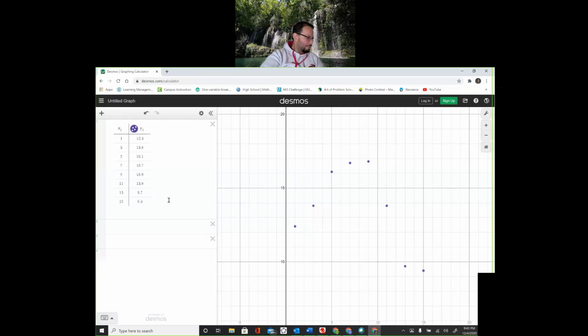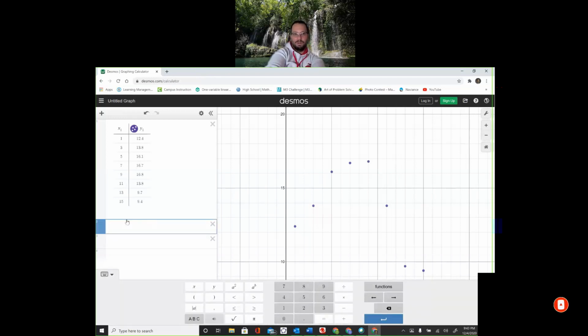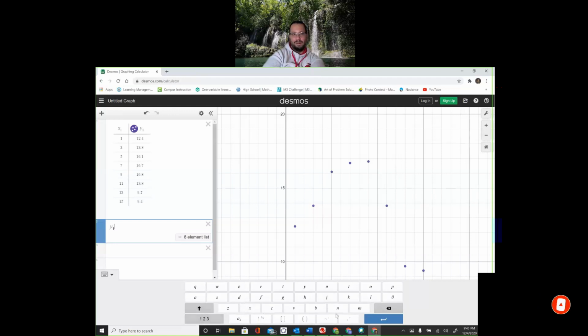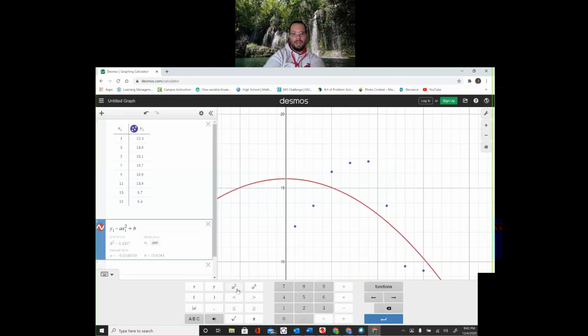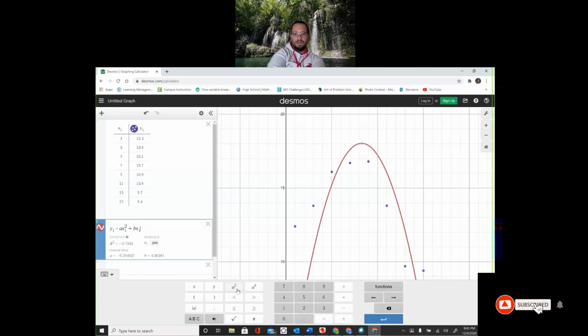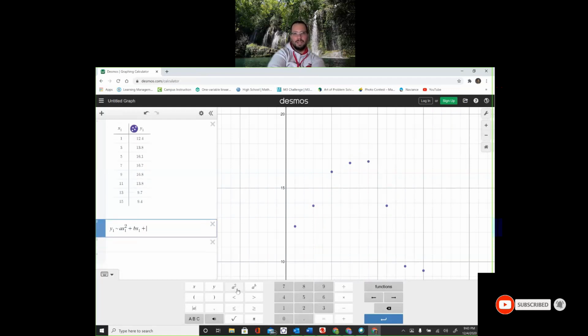Now we want to come up with the quadratic regression model for these data. So our quadratic models are just in the form y1 tilde, which is under ABC, a x1 squared plus b x1 plus c.